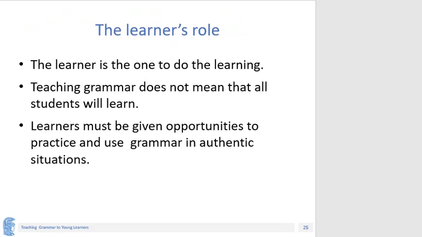As a learner, he's the one who's doing the learning. We have to understand that not all students will learn exactly the same at the same level. So we have to give them opportunities to practice and use the grammar in real situations. Thank you.